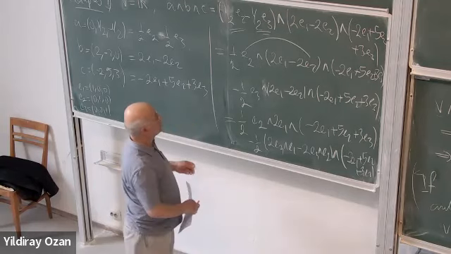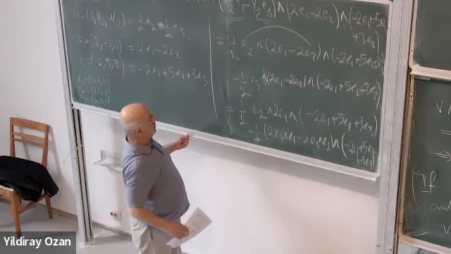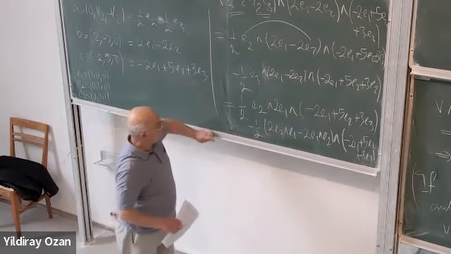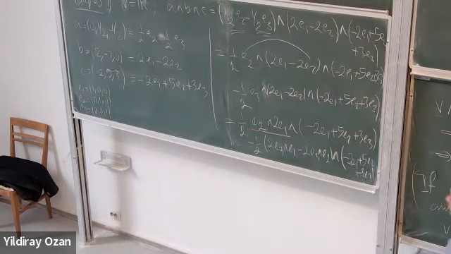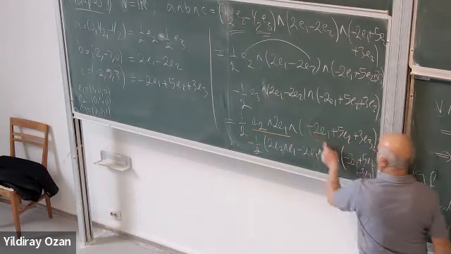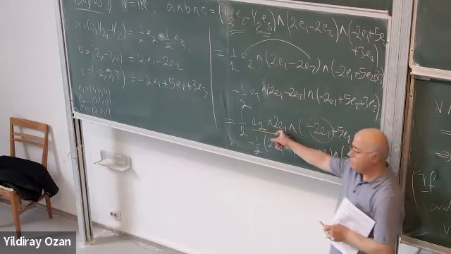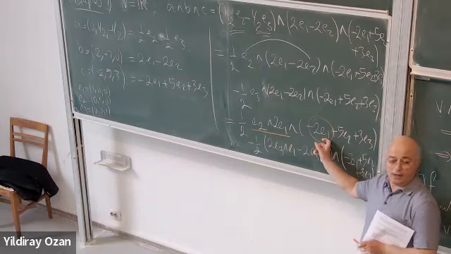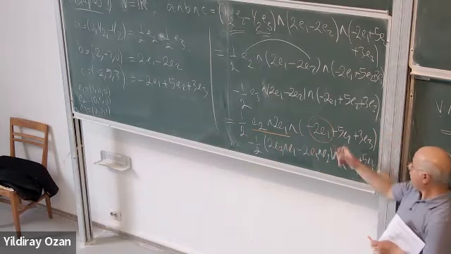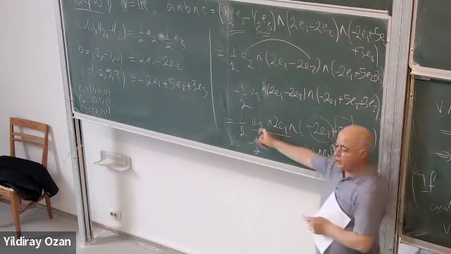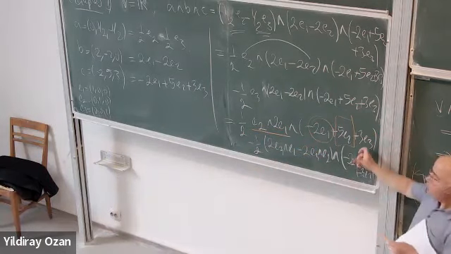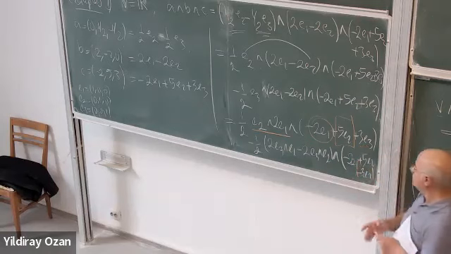If I take wedge product of this with this one, I will have E1 and E1, and it will give me 0. If I take wedge product with this one, I will have E2, E2, again it will be 0. So this will be the only non-zero term.